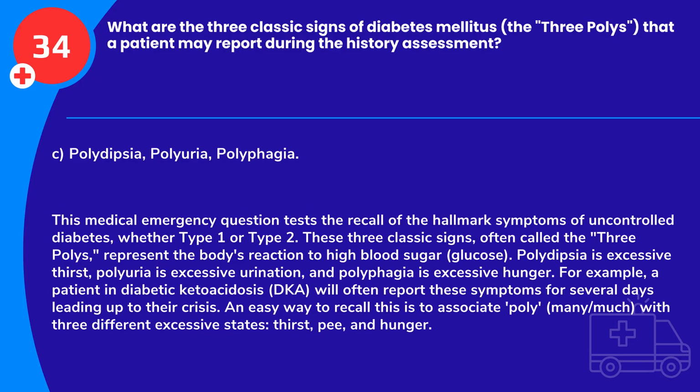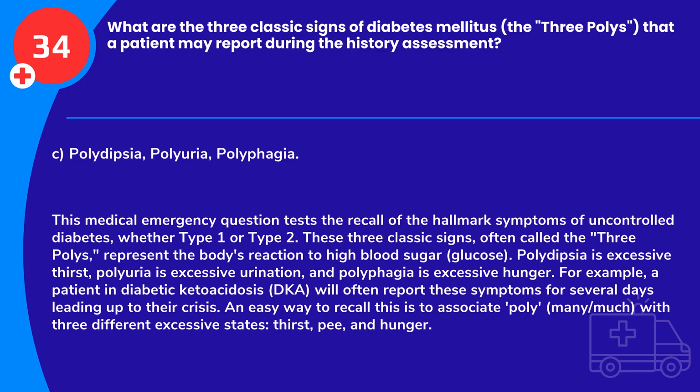Answer: C. Polydipsia, polyuria, polyphagia. This medical emergency question tests the recall of the hallmark symptoms of uncontrolled diabetes, whether type 1 or type 2. These 3 classic signs, often called the 3 polys, represent the body's reaction to high blood sugar, glucose.